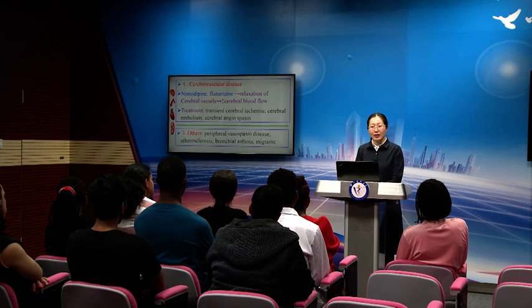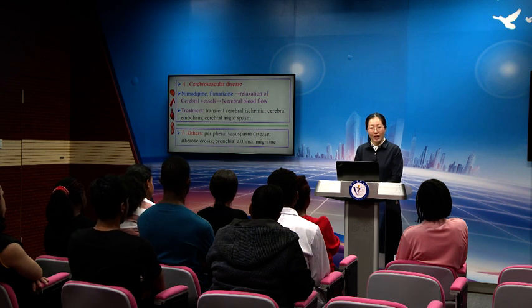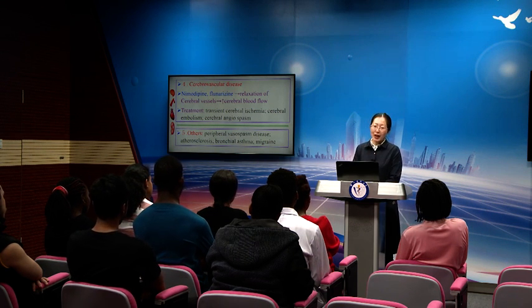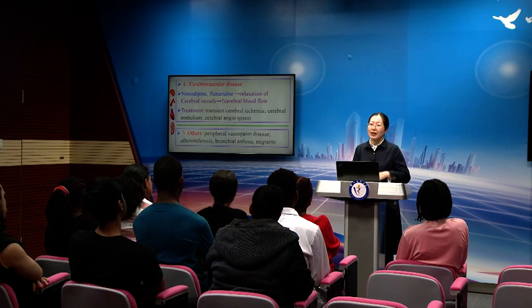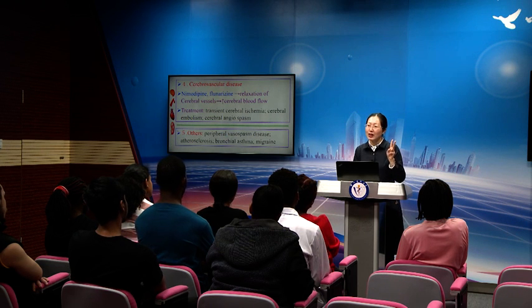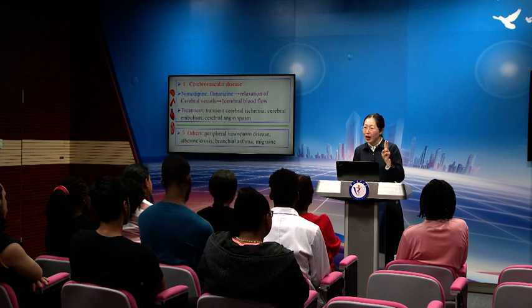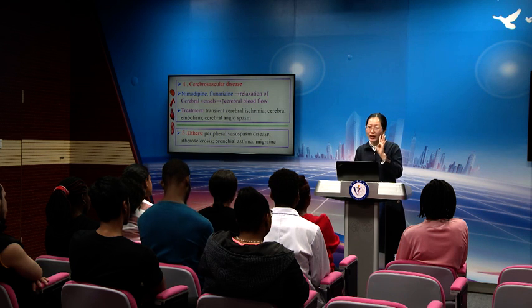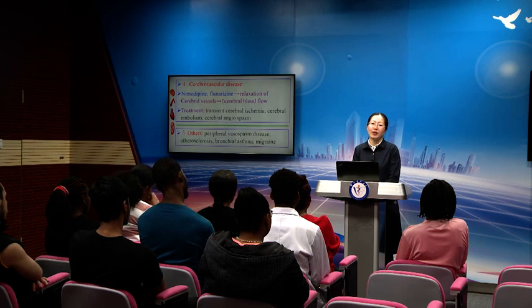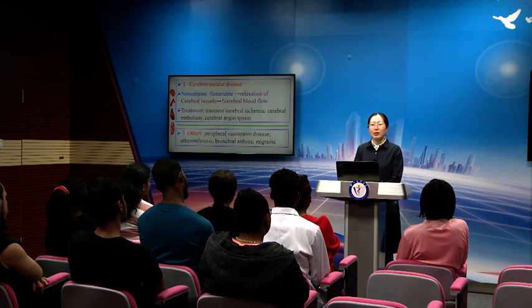Do you know migraine? Yeah, headache. For migraine, we mainly use the second generation CCB, nimodipine. 92% of patients who use these drugs for 4 to 6 weeks will have good therapeutic effects on migraine, very useful.